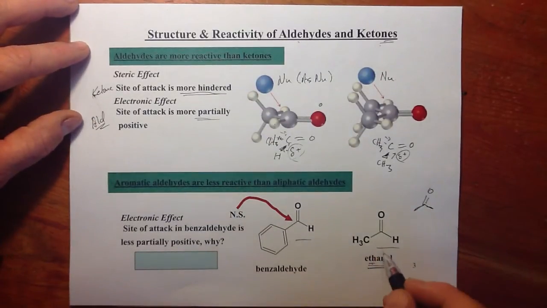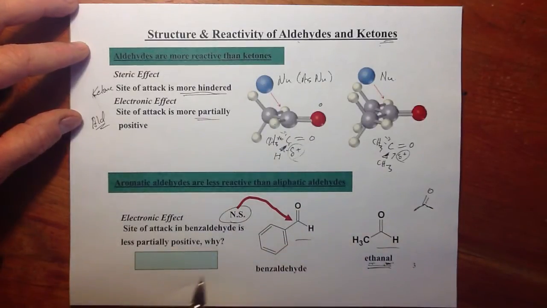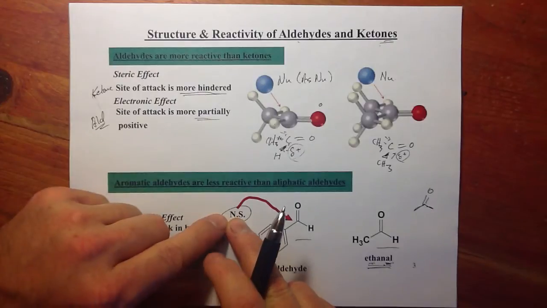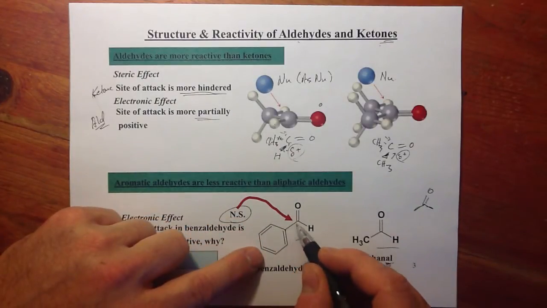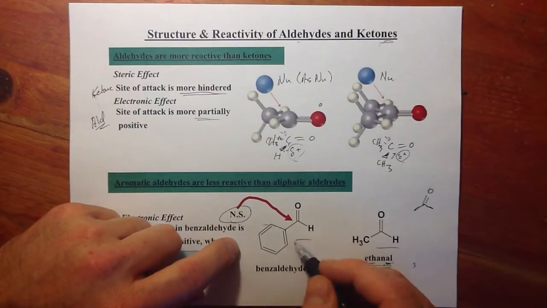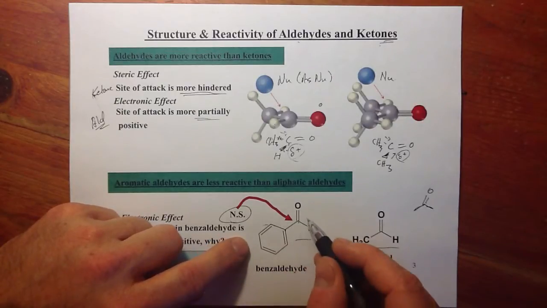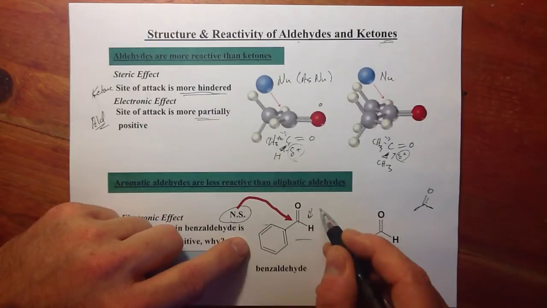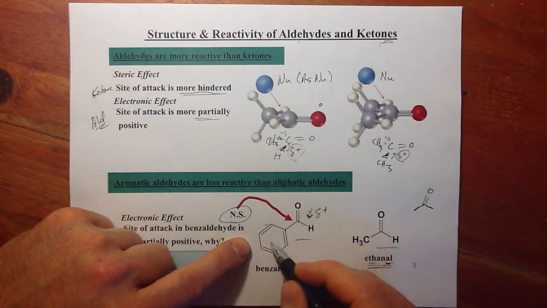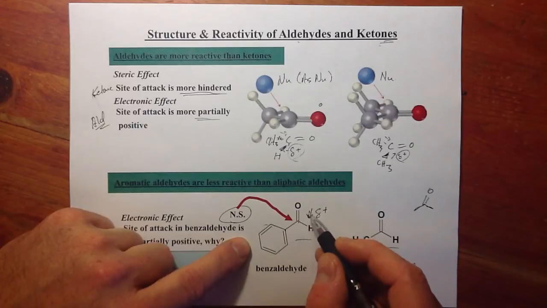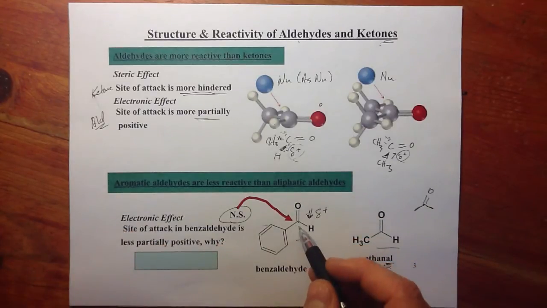Well, benzaldehyde and ethanal, if we compared them against some nucleophile, something that has extra electron density, which one would be more reactive? Well, we look at the donation of this benzene ring to the carbon. If it donates, the partial positive charge goes down, and that's exactly what happens. By resonance, this can donate electron density to the carbon in the carbonyl.